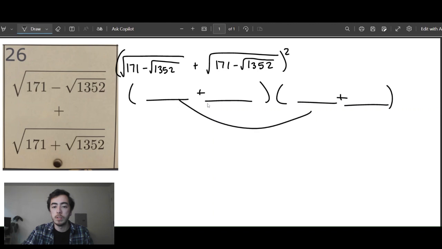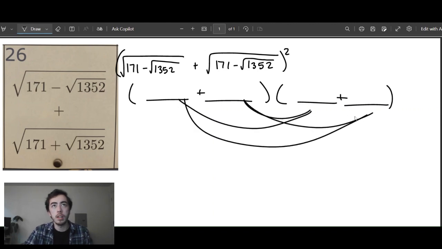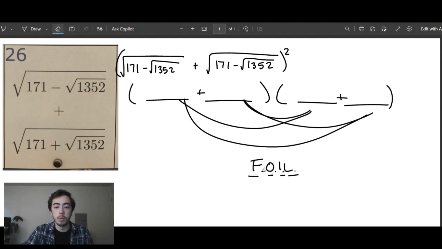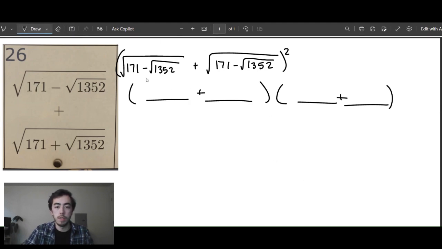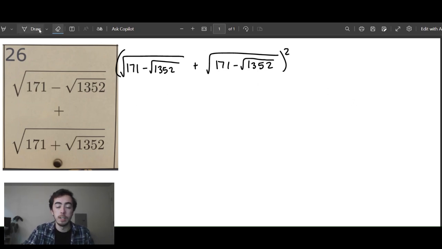There's a helpful mnemonic that is the word FOIL, and it stands for first, outside, inside, last. And so whenever you multiply two binomials together, or essentially some kind of thing with two terms, that's what a binomial is, if you ever square a binomial, you just will produce four different terms at the end.